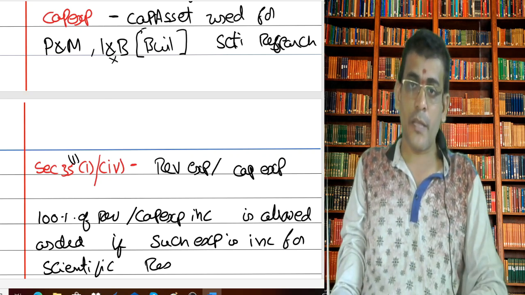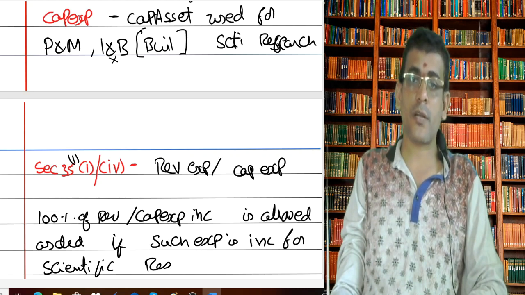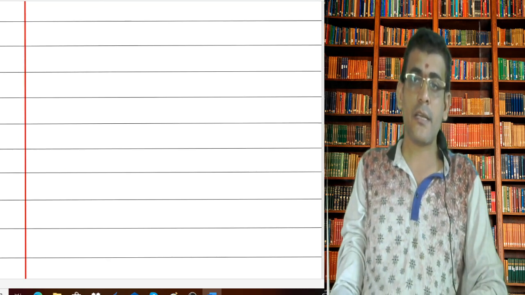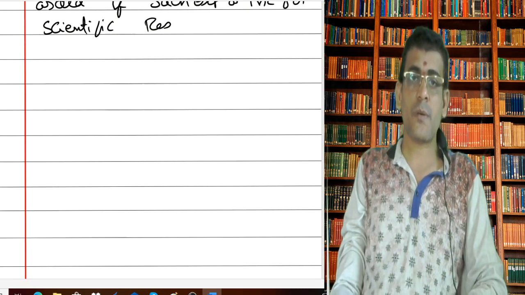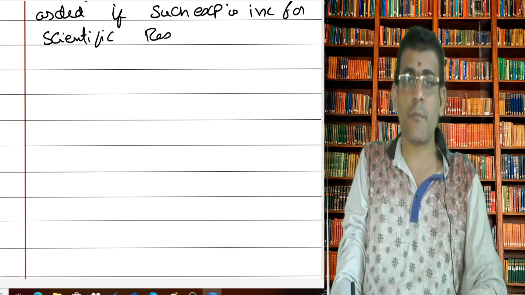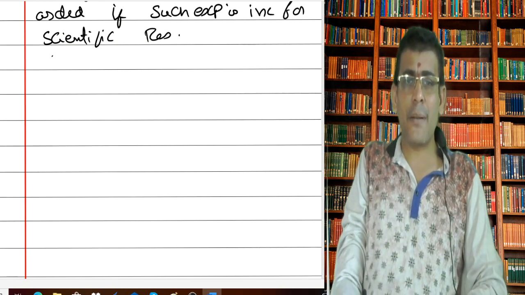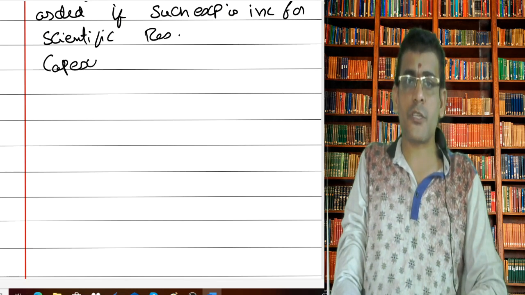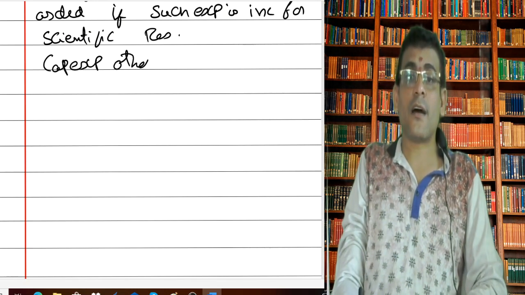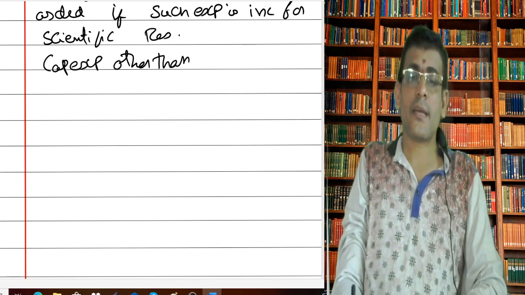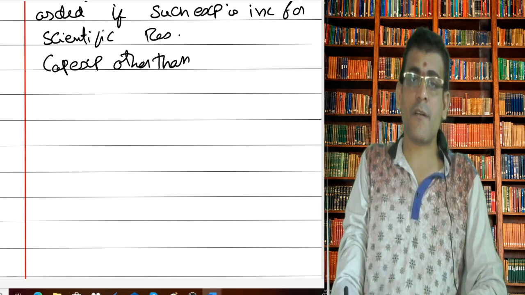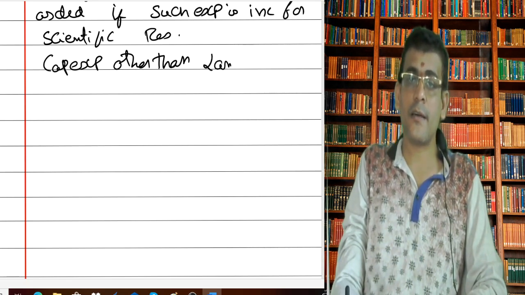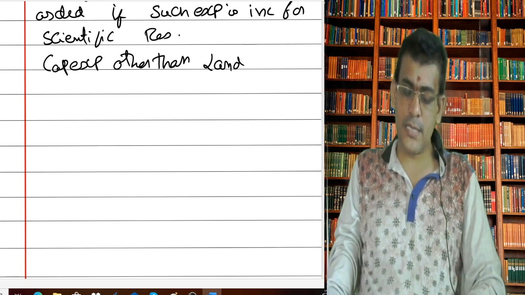Any sort of revenue or capital expenses incurred is allowed as deduction if such expenses are incurred for scientific research. Here let me put the point separately: capital expenditure other than land. So any sort of capital expenditure incurred for scientific research other than land is allowed as deduction.